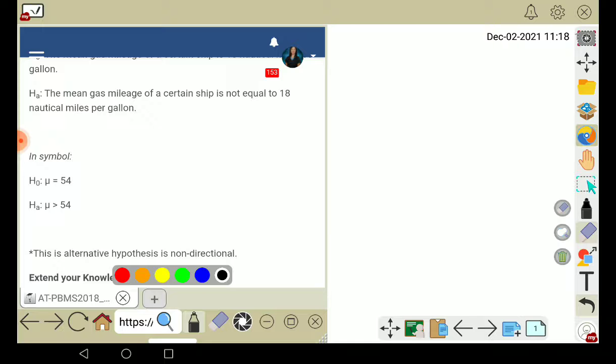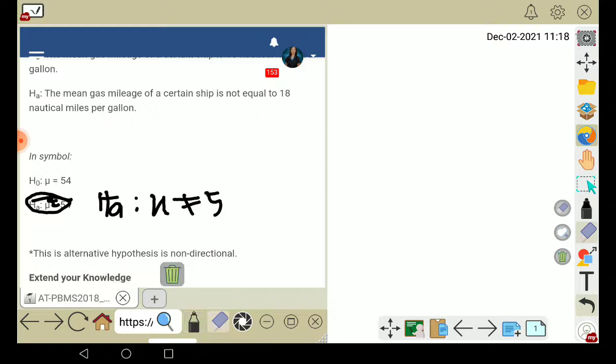This is actually not equal to. So we are going to rewrite this one: that is H1, or the alternative hypothesis, is mean not equal to 18. And again, this is not directional, so we are going to use not equal to.